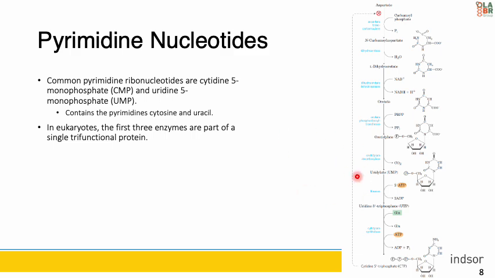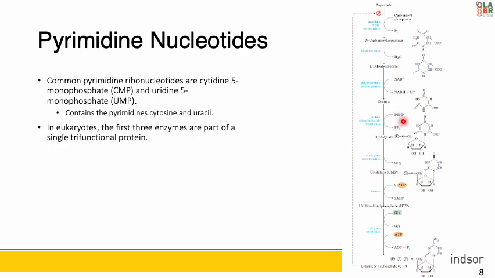Okay, so moving forward. Once orotate is formed, we have our wonderful molecule orotate. The ribose 5 phosphate side chain is attached to yield orotidylate. Oh my, I can't say it. But what we want to know is that this ribose 5 phosphate side chain is provided by, once again, our wonderful friend PRPP.